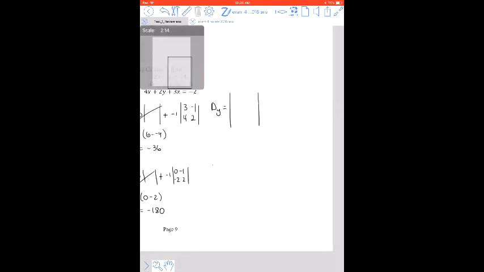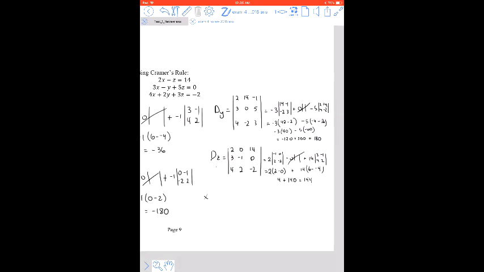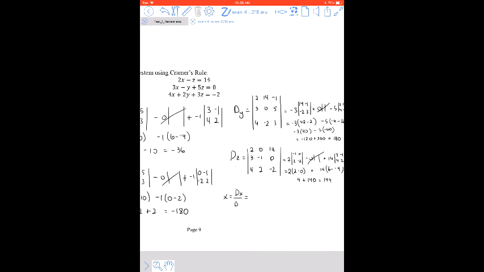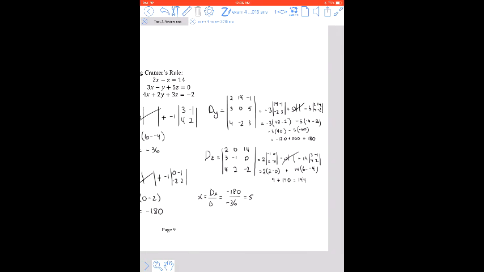Okay, so x is equal to d sub x divided by d. D sub x was negative 180 divided by negative 36. That's equal to 5. And then y is equal to d sub y over d.